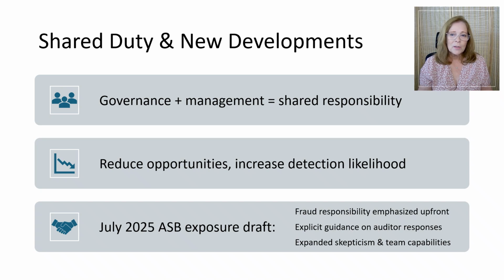The ASB is considering alignment with ISA 240 revised, so companies with global footprints may see more consistency. And because of more procedures, retrospective reviews, more documentation, enhanced communications, and oversight, audits may take more time and potentially more cost in terms of audit fees to cover the increased requirements. Management may need to plan for that.